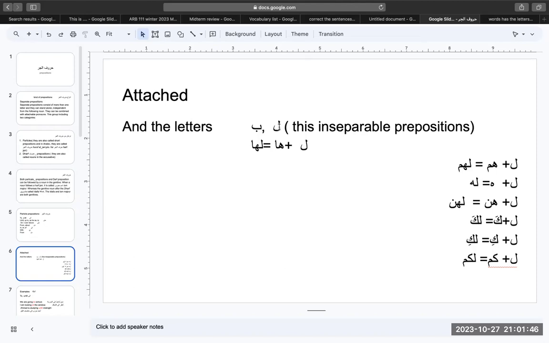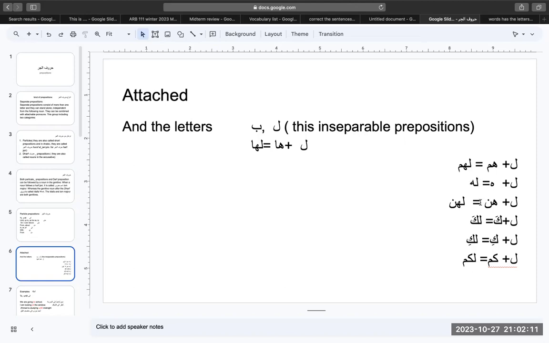So lam plus ha mim is lahum, which means for them. But if I do the ba with ha mim, it's bihim, which means in them. Lam and ha is lahu, which means to him.